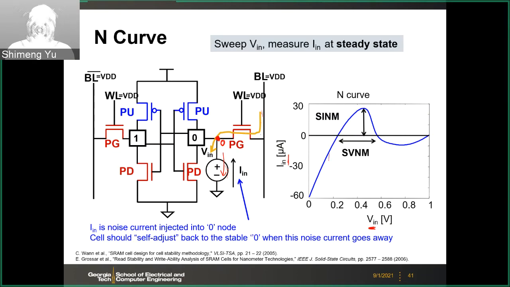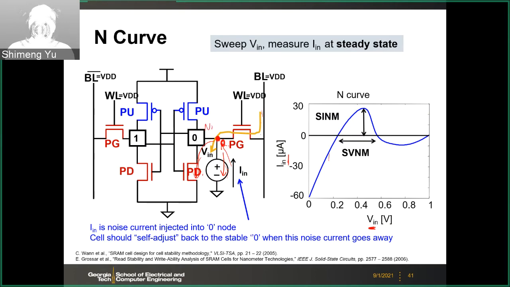And then if this voltage become too high, then basically you need to inject the current to here, and then the total current will sink towards the PD pull-down transistor. And then at a certain point, if this voltage becomes too high, then you will trigger the flip of the inverter on the other side. This is like you inject the noise, or let's say this 0.